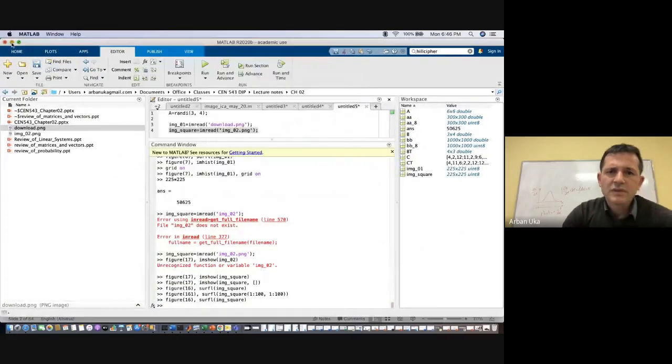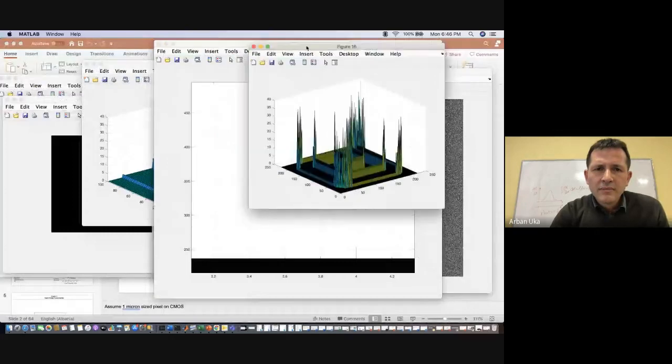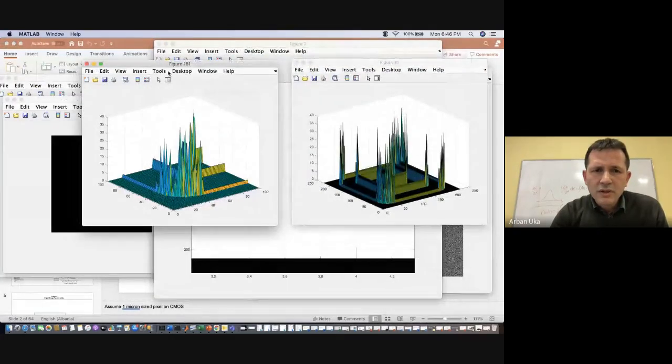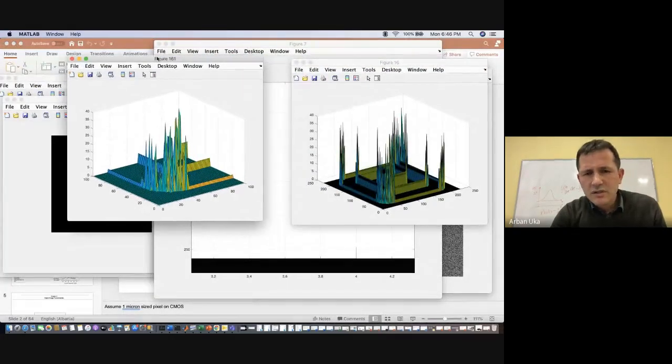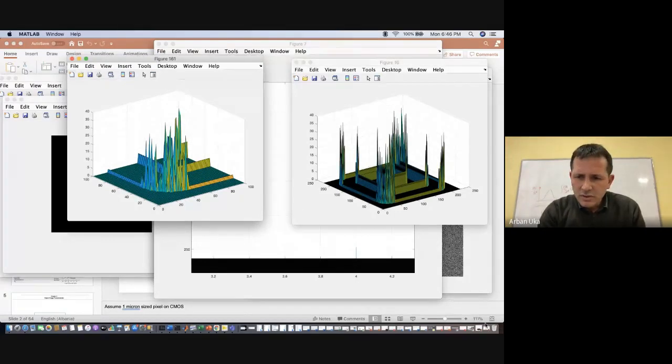Okay, this was figure 16. And 16/1 is this other image. And as we saw, we just plotted not all the image, but just one edge. So we can selectively plot sections that we are interested in too.